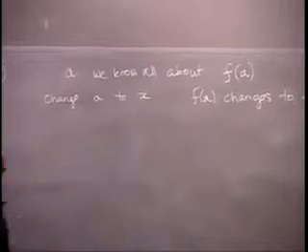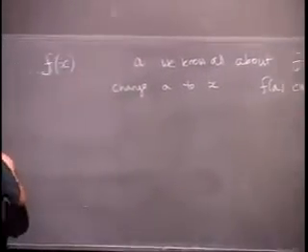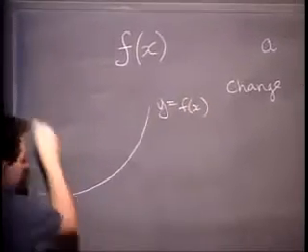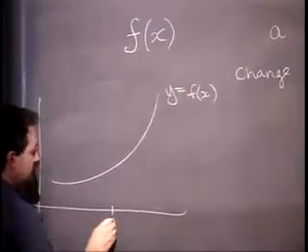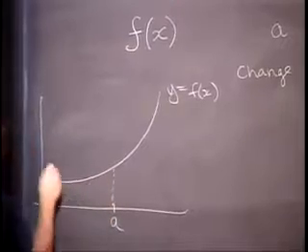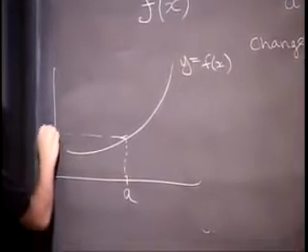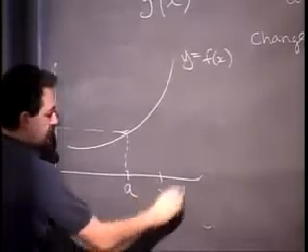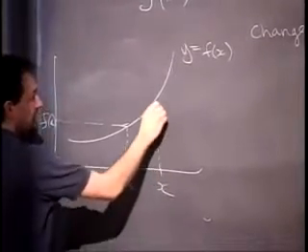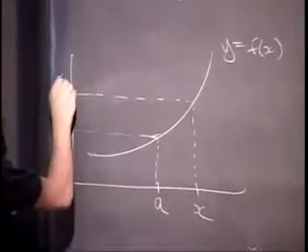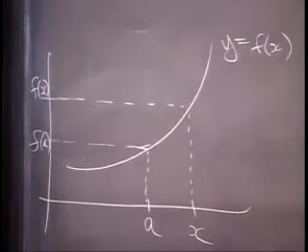And we're going to use it by using the tangent line. So if this was the graph of y equals f of x, and here is our special point a, this is our f of a, which we know all about, and here's our other point x, we would love to know this height here. That's the perfect answer that we want.